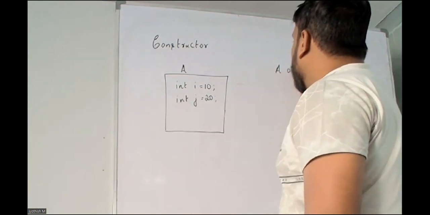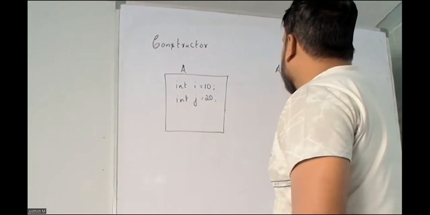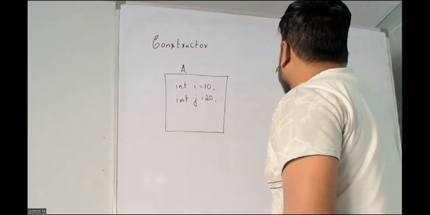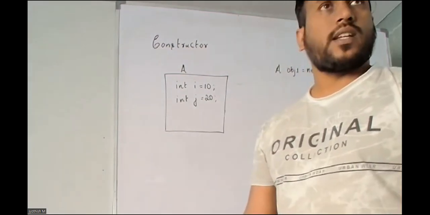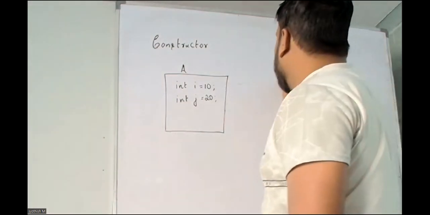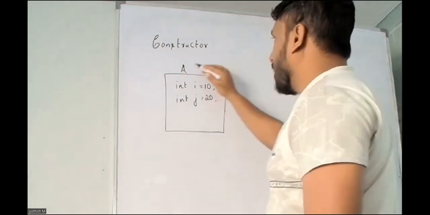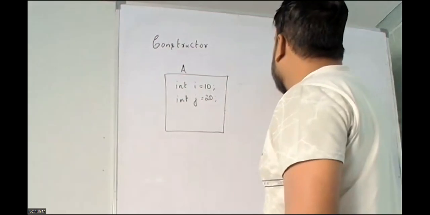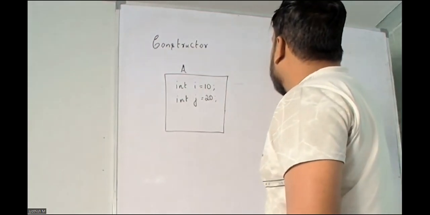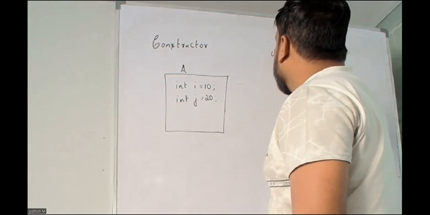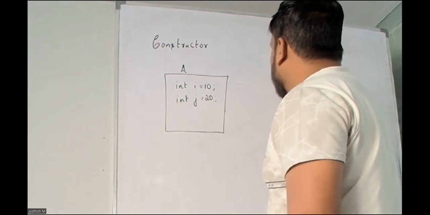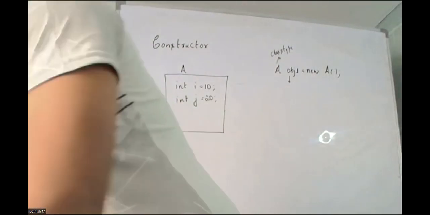A obj1 is equals to new of A, correct? So A is a type, class type. Obj1 is a reference variable.